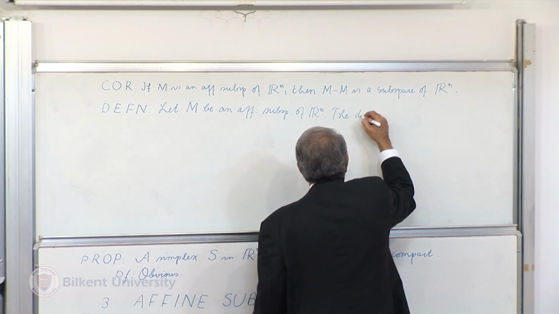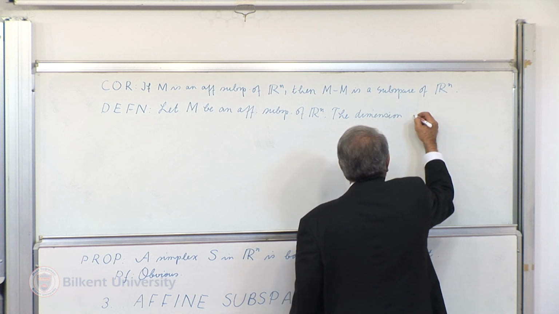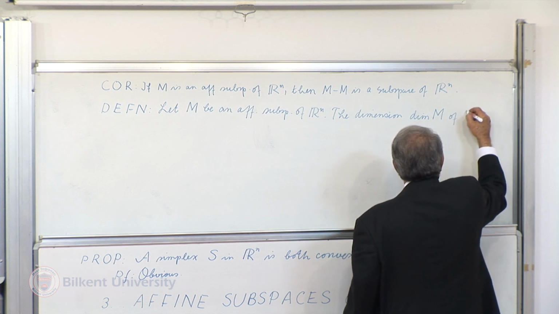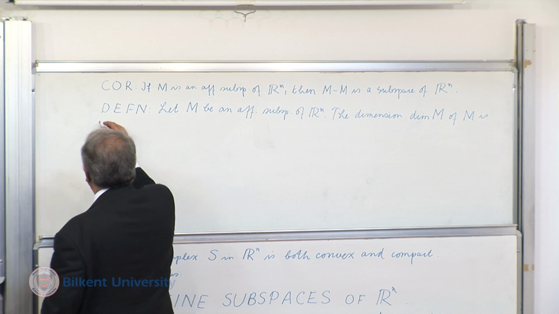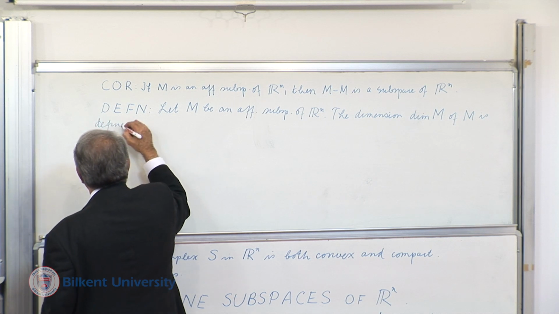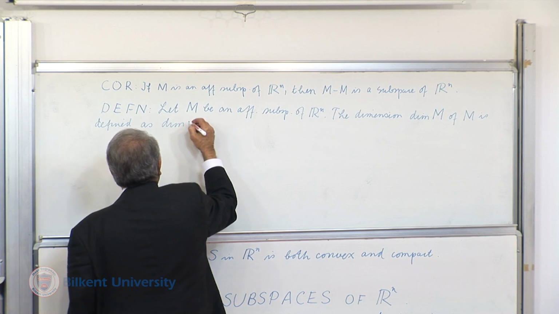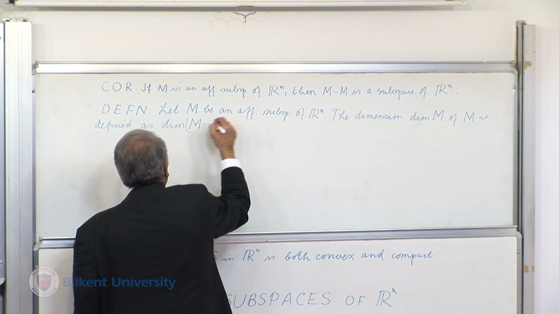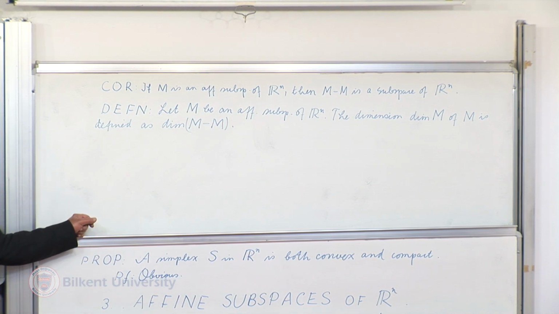The dimension, dim of M, is defined as the dimension of M minus M. We know what the dimension of a subspace is.